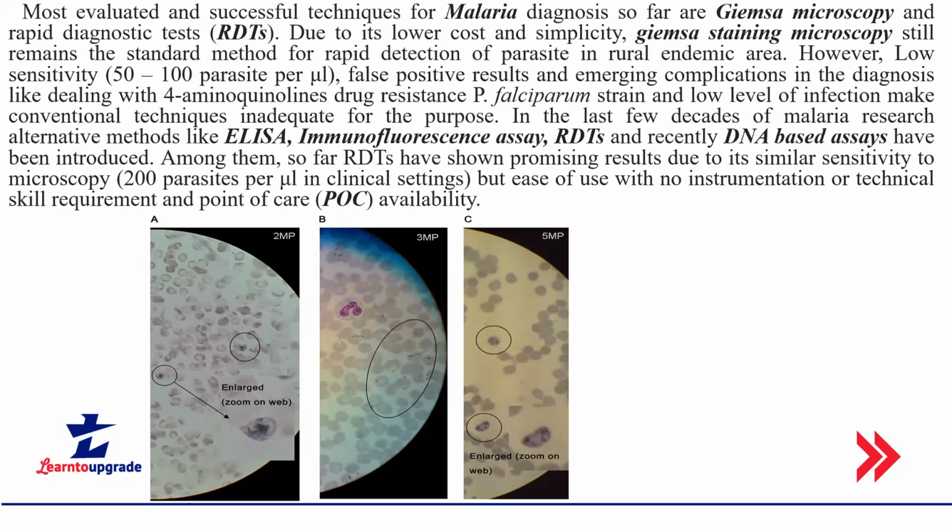The main concept is there will be a reaction between the antigen and antibody if the specific antibody is present in my serum, and then we give an enzyme along with the substrate, which acts on the substrate, and as a result there is a color change. Depending on the intensity of the color change, we can determine how much of that antigen or antibody is present in the serum. Immunofluorescence assay is somewhat the same, because instead of the enzyme, we are using different fluorescent agents.